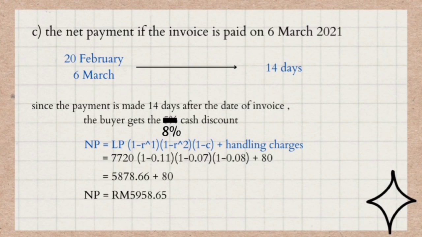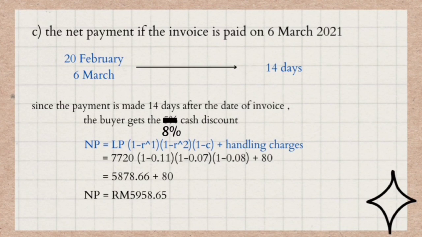The last question is the net payment if the invoice is paid on 6 March 2021. We know that 20 February until 6 March is 14 days. Since the payment is made 14 days after the date of invoice, the buyer gets the 8% cash discount. So the formula is net payment equals list price times (1 minus R1)(1 minus R2)(1 minus C) plus handling charge.